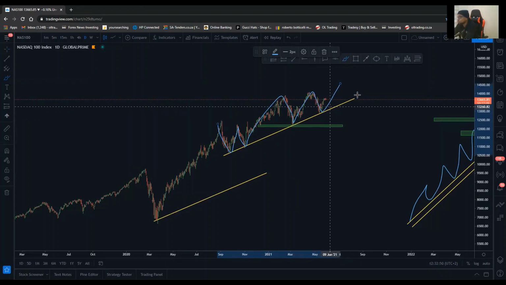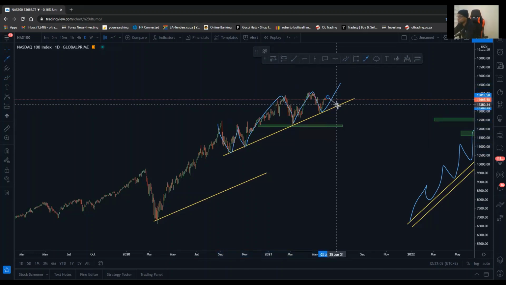You understand? So this is just what I'm expecting to happen. If it does come back to bounce, I'll expect price to bounce around this region. Understand? And then push back up.